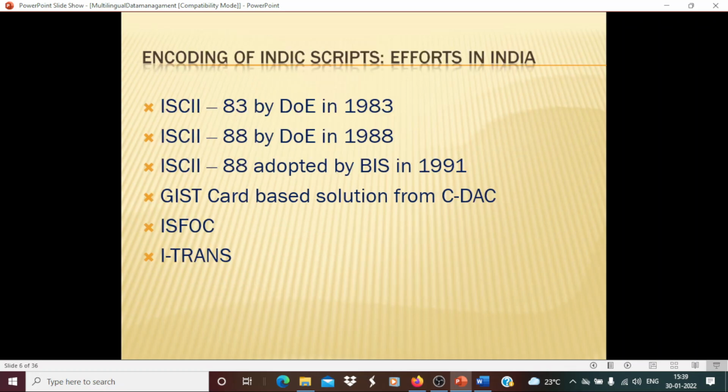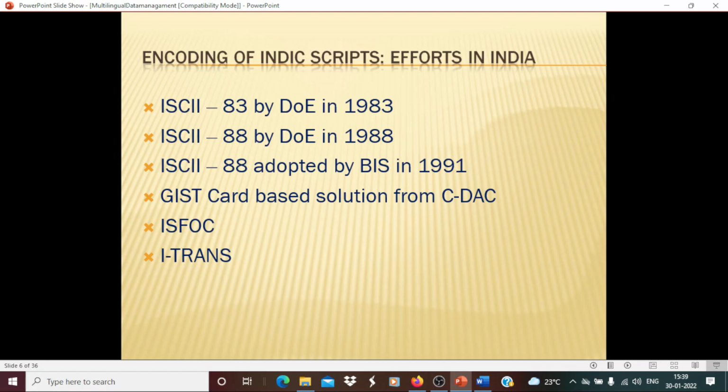So as I said, ASCII was limited, it can represent only 8 bits and a maximum of 256 characters, heavily biased towards the Western world. So we came up with our own standard in 1983 by the initiative taken by the Department of Electronics, now called the Ministry of Information Technology.